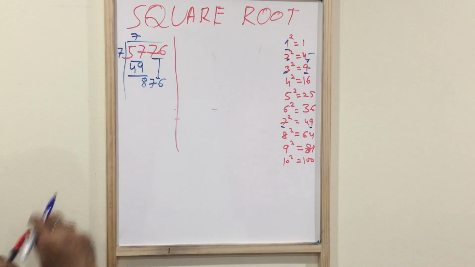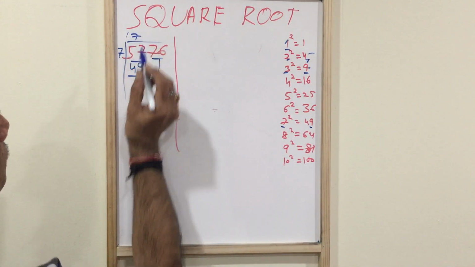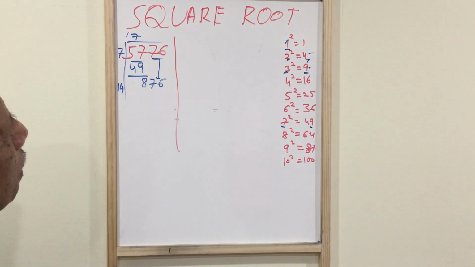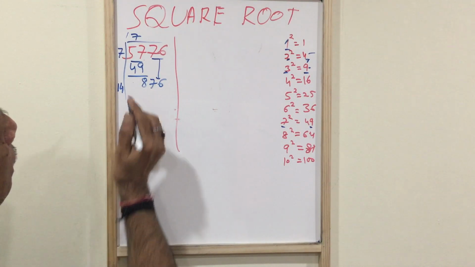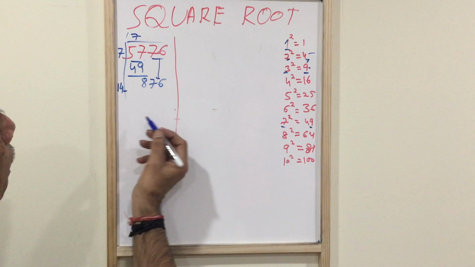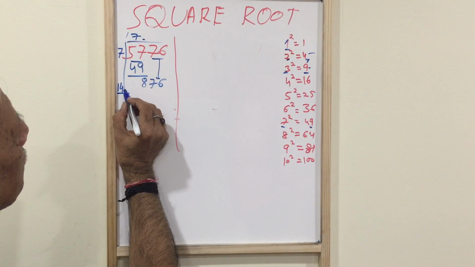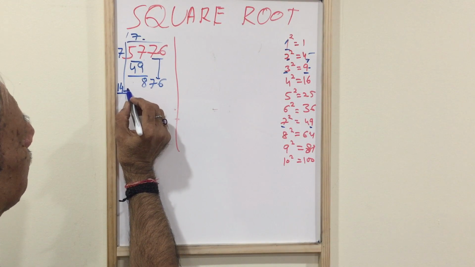Now we multiply the number above by 2, so that comes to 14. We have to select another number, which we write here and the same number here, and multiply. Suppose we take 6.